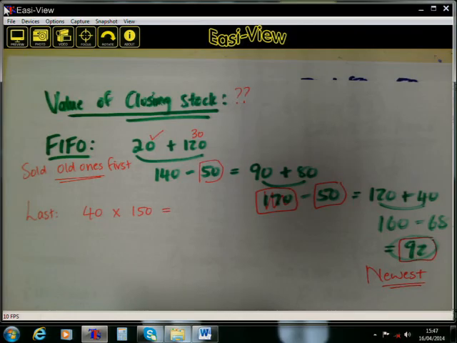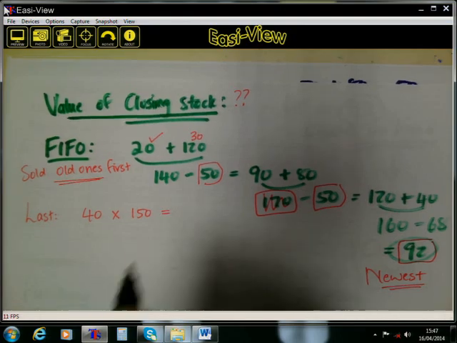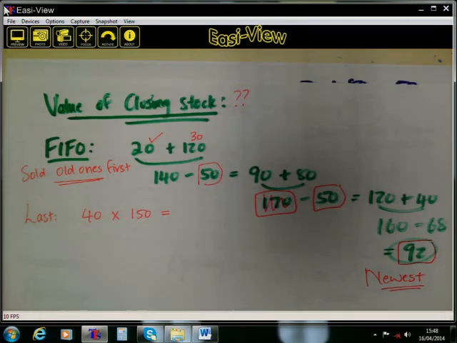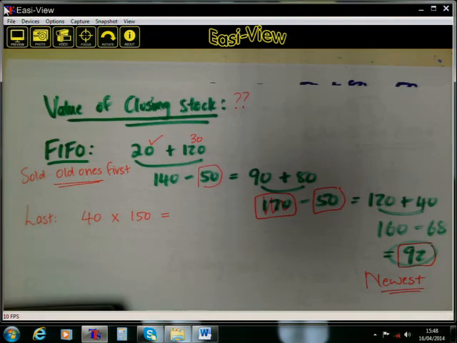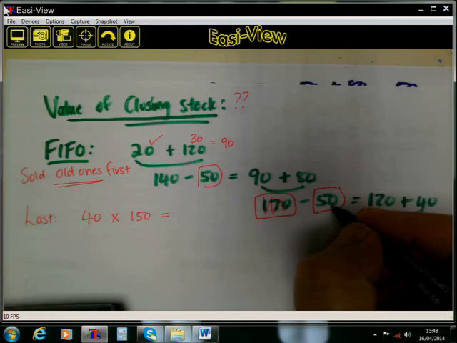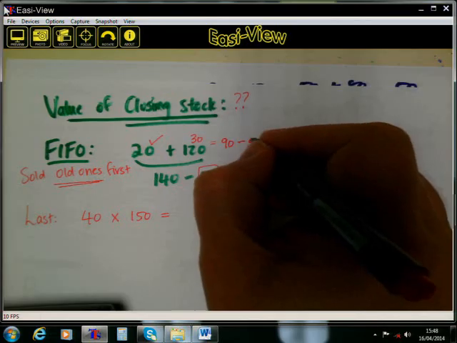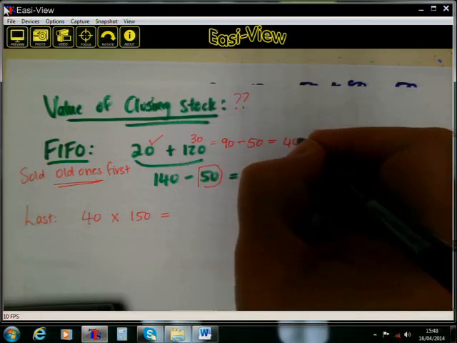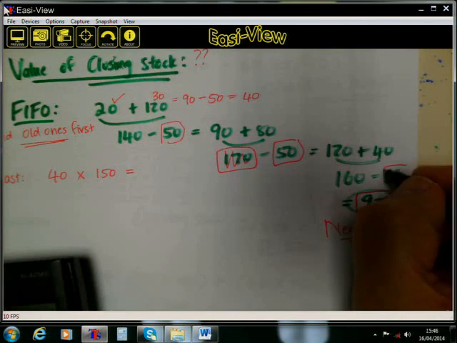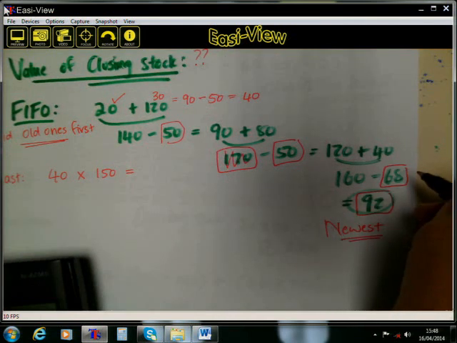Of the 120, I don't want to make it difficult for you, minus 30, we've got left 90. So when we sold that 50, we've got left 40. We only sold three times.